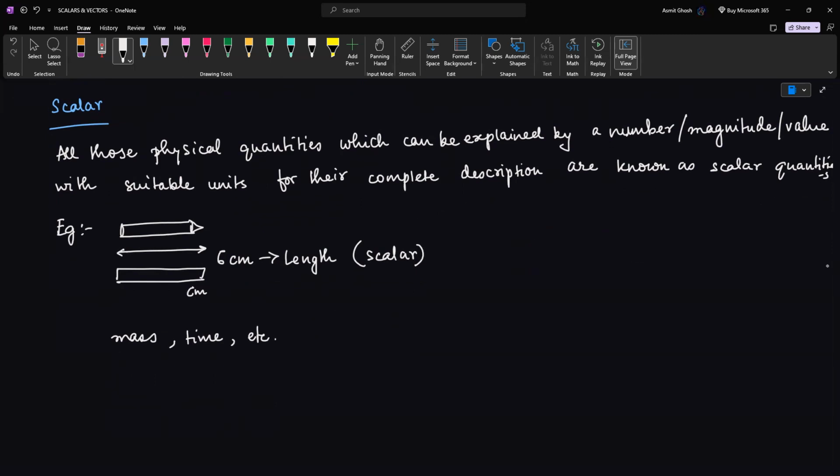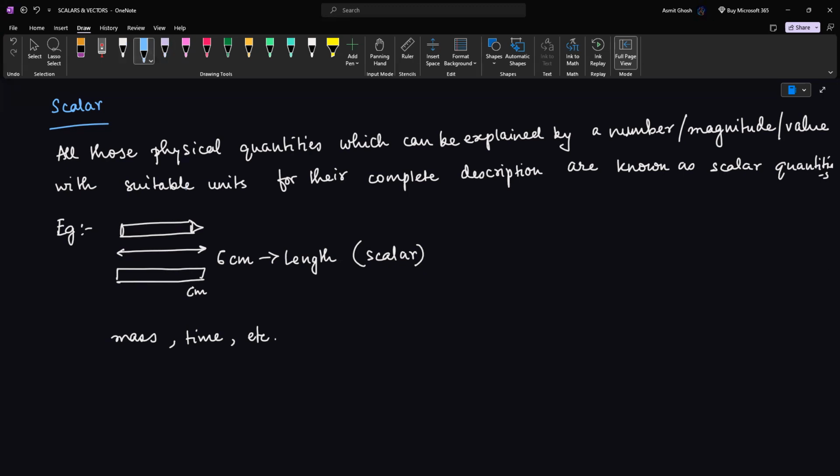So, mass is also a scalar quantity. Also, time. Suppose you will need 1 hour to move from your home to your school. To mention the time, 1 hour, you do not need any other parameter to describe it. So that is why time is also a scalar quantity.